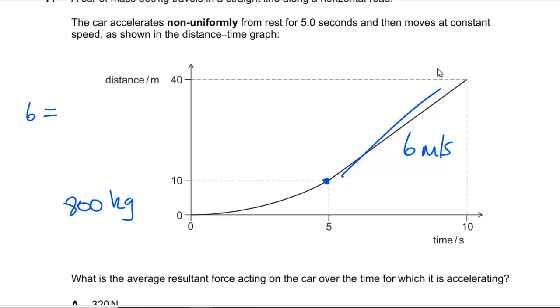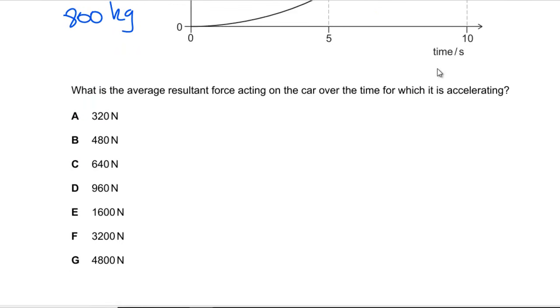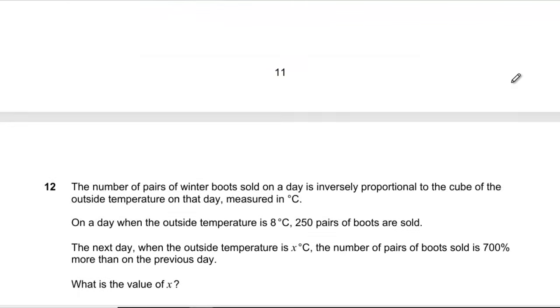So 6 is going to be acceleration times delta t, which is 5. So we've got acceleration is 6 over 5. And we want the average resultant force. So we want to multiply that by the mass. So we're adding on a fifth. 160. So we want 960, which is D.